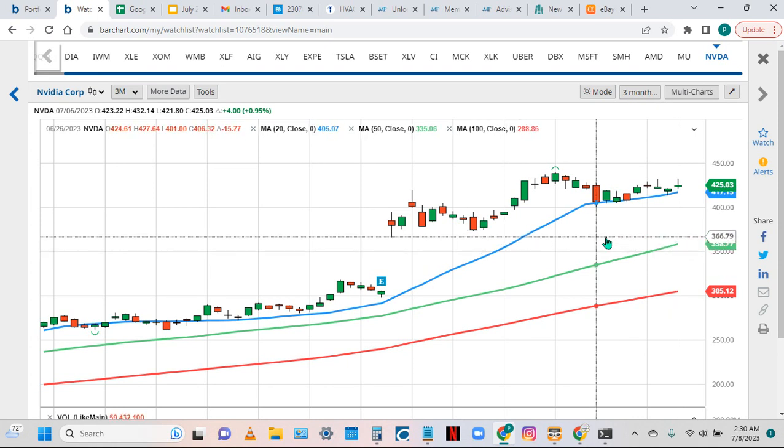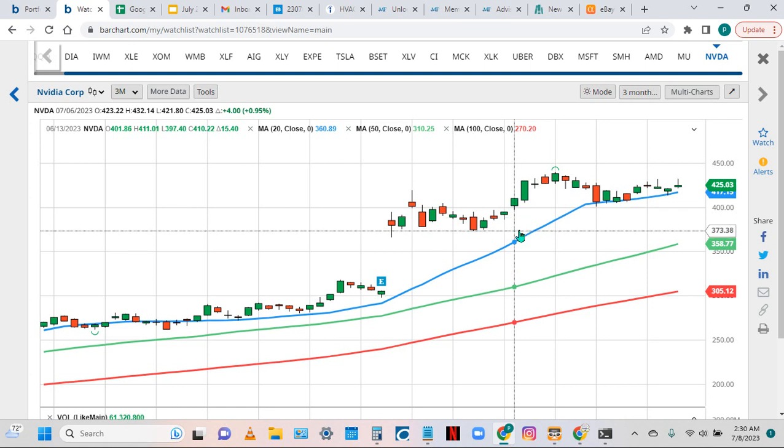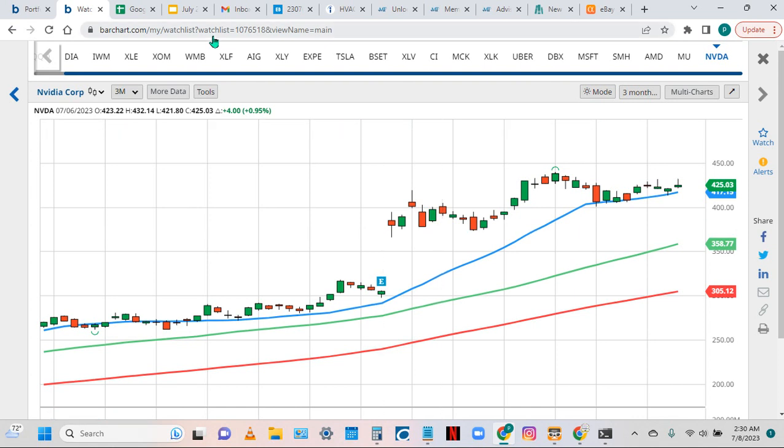I'm not willing to give back my profits below these 4 or 5 candles here below 374. So that's another way you can use your stops, and momentum is to retain some of your profits that you worked hard for. So it's just putting your money to work and keeping track of what you're doing.